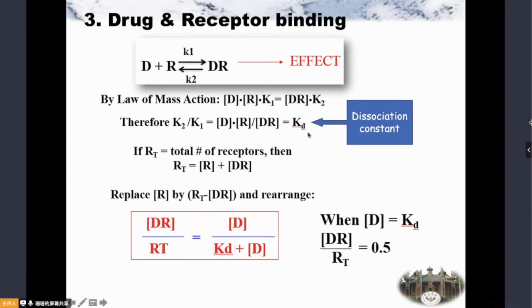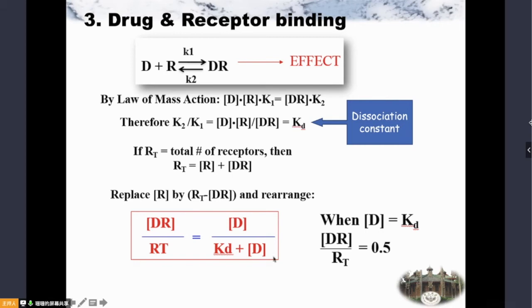We name it KD, which is the dissociation constant. From this equation, we can have this one. DR, the drug receptor complex, divided by RT, the total receptor, equals drug concentration divided by KD plus drug concentration.